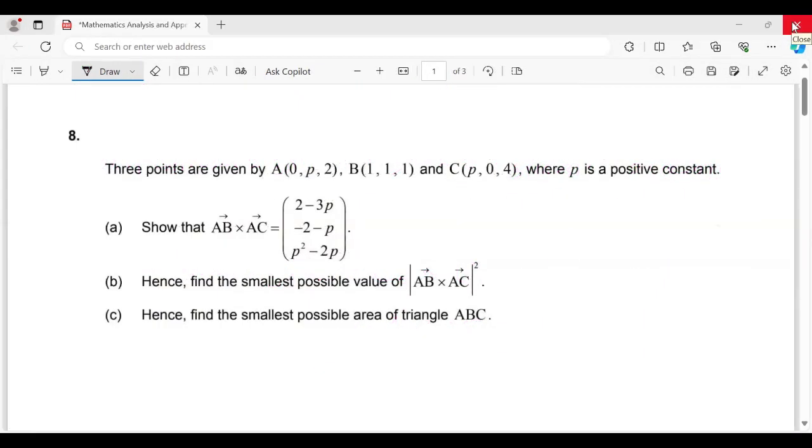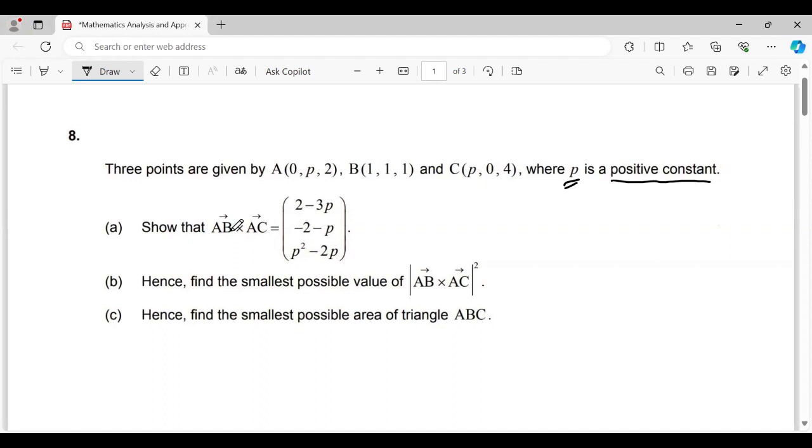Number 8. 3 points are given by A (0, p, 2), B (1, 1, 1), C (p, 0, 4), where p is a positive constant number.